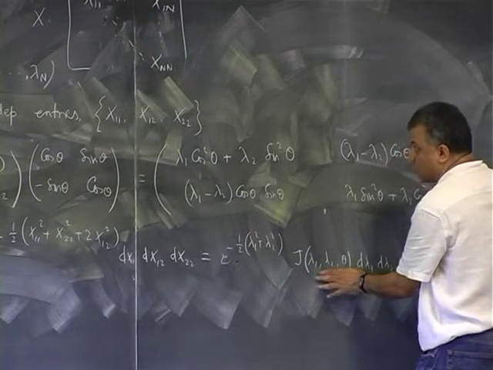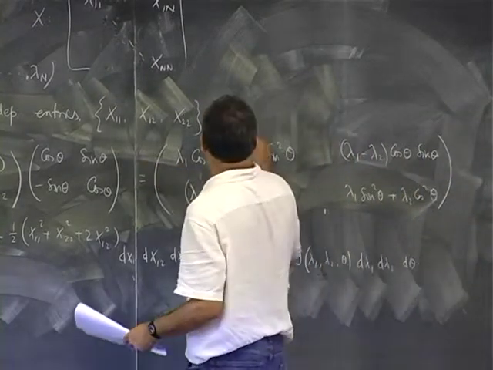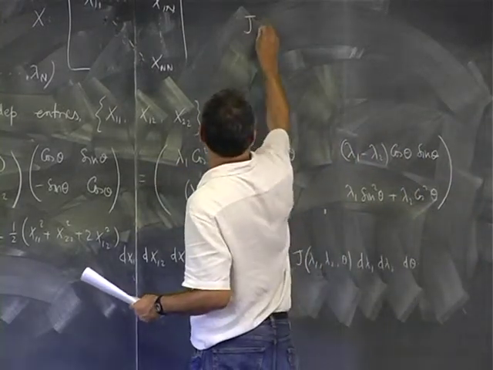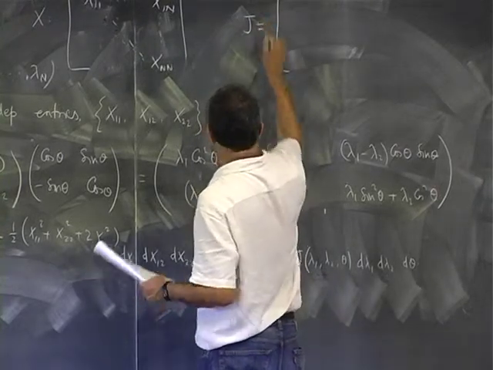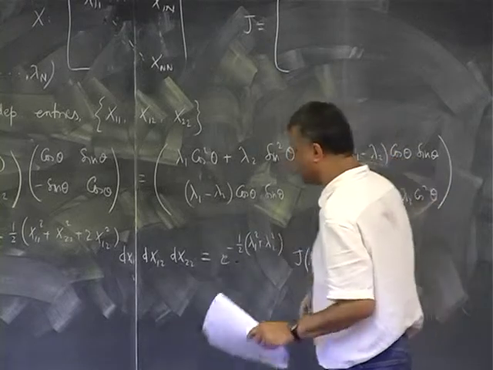Okay? So you can do it from here. Let's see what the Jacobian is. I have just a linear transformation, so the Jacobian is a matrix, 2 by 2, sorry, 3 by 3.